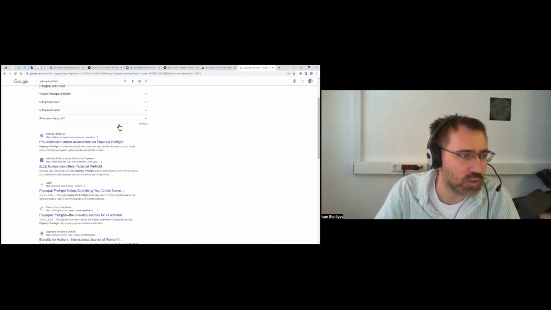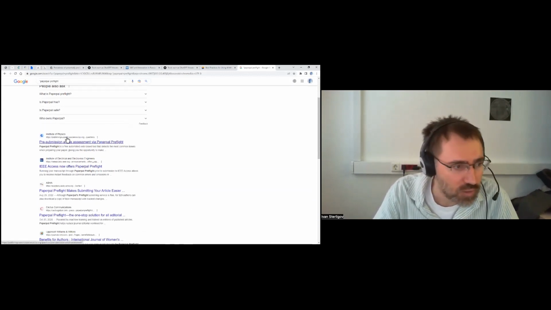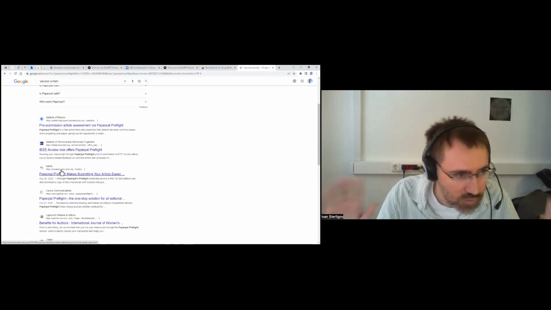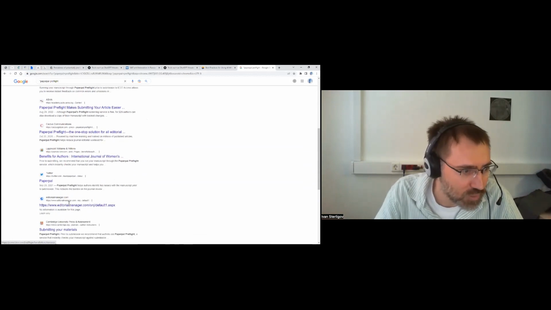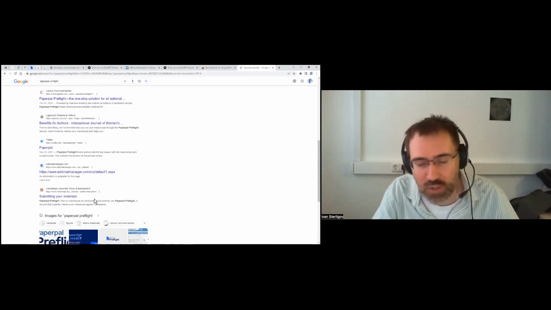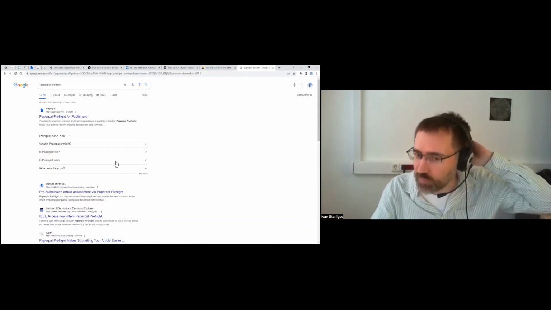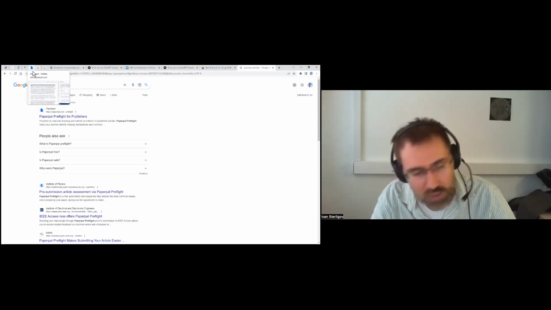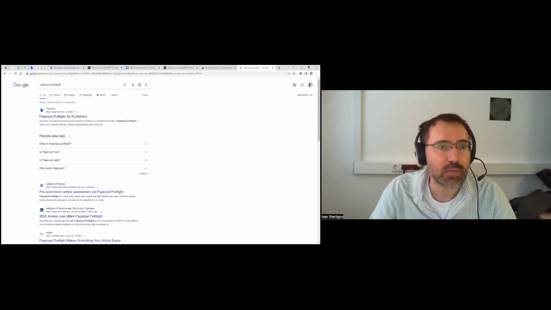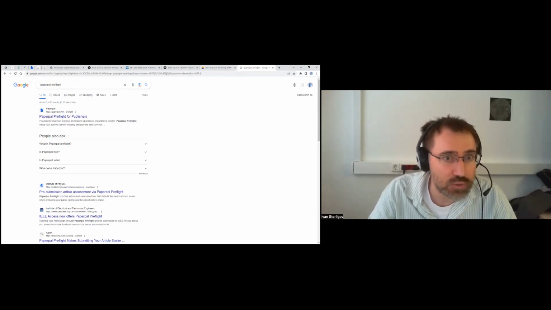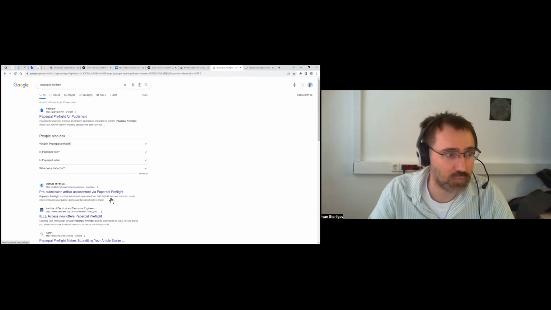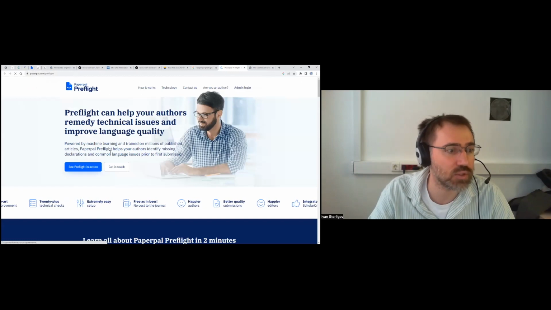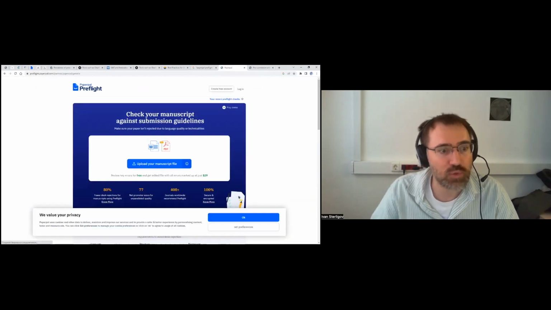Let's look at the Institute of Physics, IEEE, some American association, Lippincott Williams, and so on. Cambridge University Press, the top names in the game. They suggest that you, prior to submitting the text, use this Preflight feature. Let's look at it. For example, the Institute of Physics. So this is this Preflight. It's available free of charge.